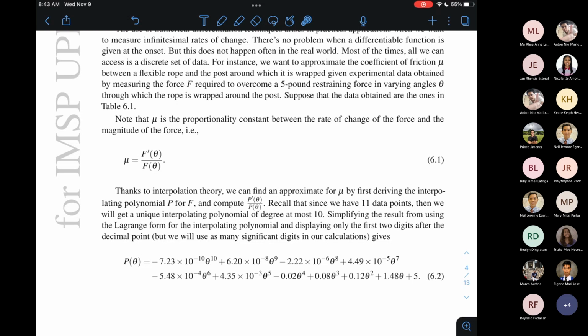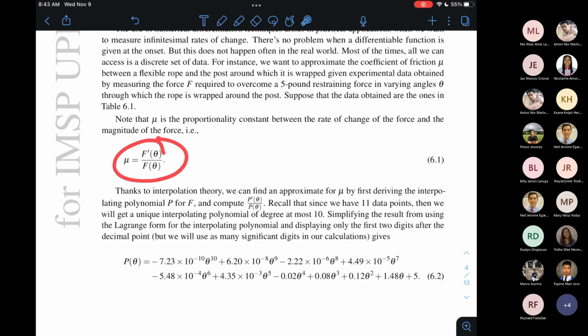Okay? So meron ka kasi ditong pole, tas meron kang rope na naka-wrap doon sa pole. And if the angle between those two, between the flexible rope and the post, is theta, then the coefficient of friction, which is a constant, is just the ratio of the first derivative of F all over F, right?